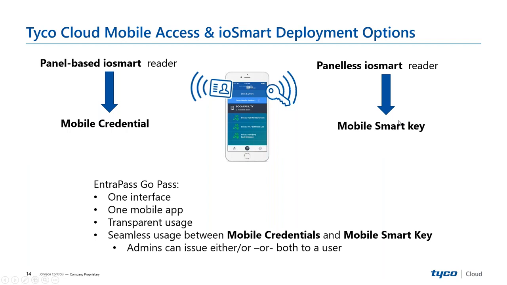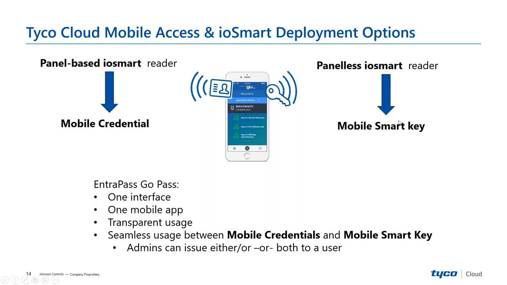An administrator on the Taiko Cloud can issue either mobile credentials or smart keys, or both. For example, if you don't need smart keys, you don't do conference calls, so you need only mobile credentials. So I'll give you mobile credentials and not give you smart keys because there's a different cost for each one. They're different buckets. You can buy a combined one, but you can also buy them separately.